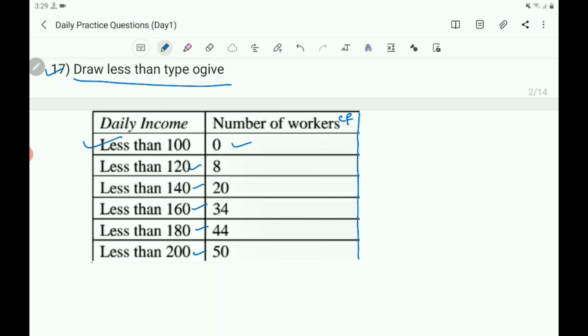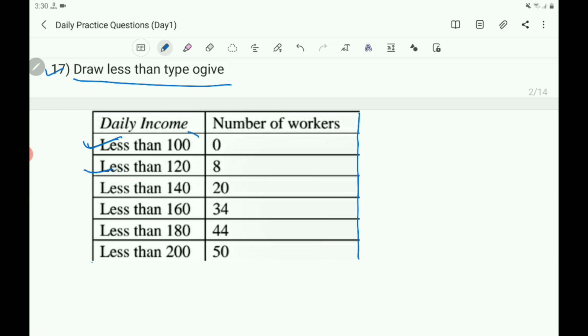Here there is no necessity of adding the frequencies, as the cumulative frequency is already given, so don't add this, because here it is already said less than 100, less than 120, how many workers are there. No need of adding the frequencies, and it is a cumulative frequency.